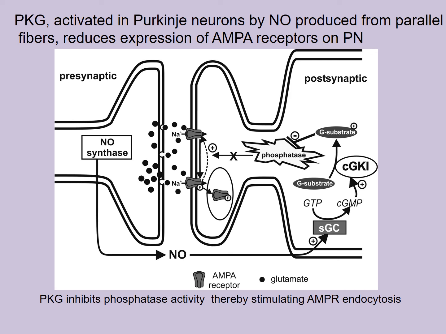Now PKG, when it's activated, is going to affect the activity of a phosphatase, and that phosphatase is actually known to prevent endocytosis of AMPA receptors. So PKG, by inhibiting this phosphatase activity that prevents endocytosis, will actually stimulate AMPA receptor endocytosis and lead to reduced expression of AMPA receptors on Purkinje neurons, a form of LTD.